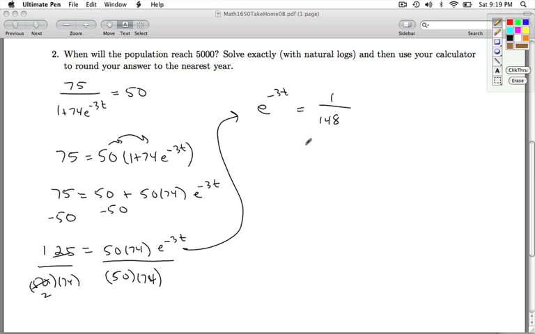Okay? So, standard practice. The t's in the exponent. First thing you do is to isolate the exponential. So we'll bring it out of the denominator by multiplying both sides by the denominator and then doing the standard isolation. Now we'll apply the natural log to both sides.